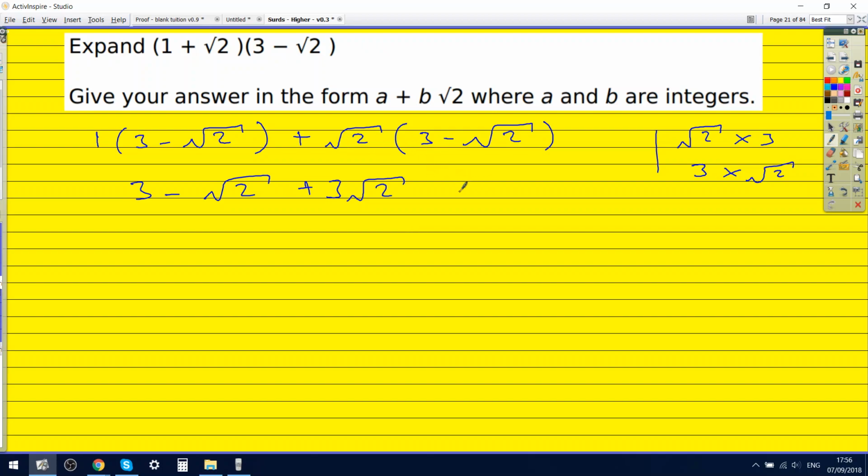And the last bit. Six. So it's minus. And what is root 2 times root 2? 2. Yes. Can you make it even simpler?